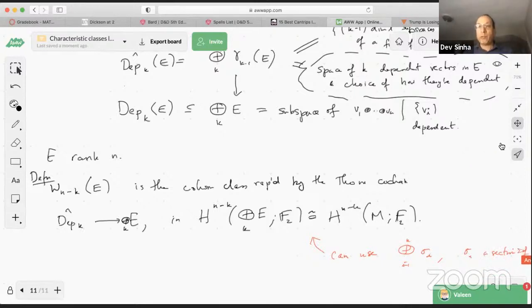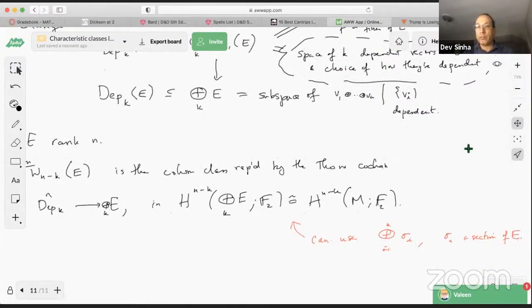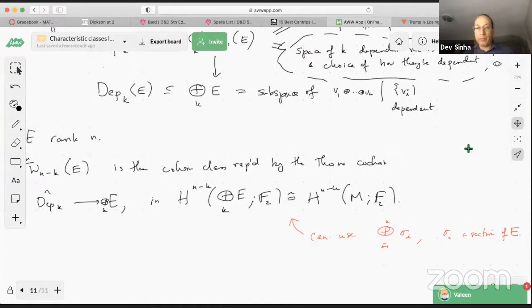That's the most natural thing to say. So if it were the tangent bundle, for example, this would be k different vector fields. So imagine on the two sphere, a couple different vector fields, or on an n-dimensional manifold, you've got all those different ones.